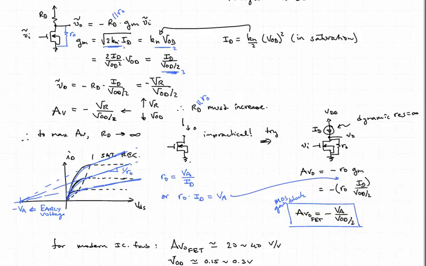Now, before we go any further, I should point out that if you try to go in the lab and build this stage right here with the current source in the drain, you'll have a difficult time getting this to be biased up to an operating point that keeps the device in saturation.